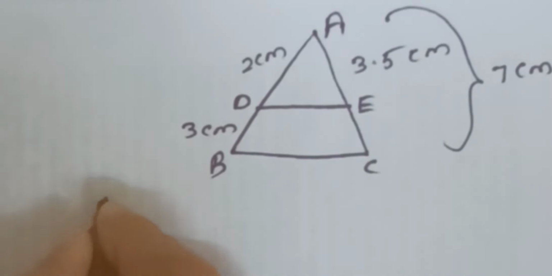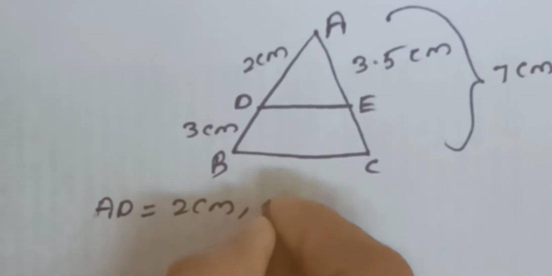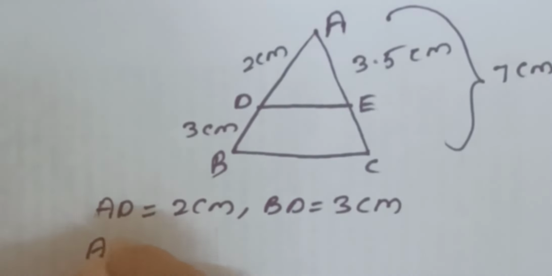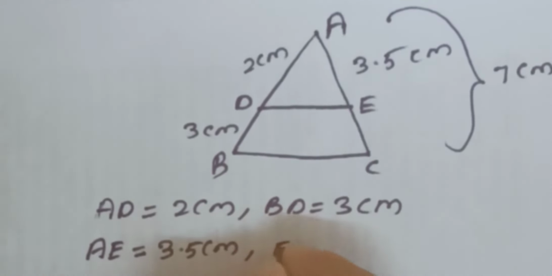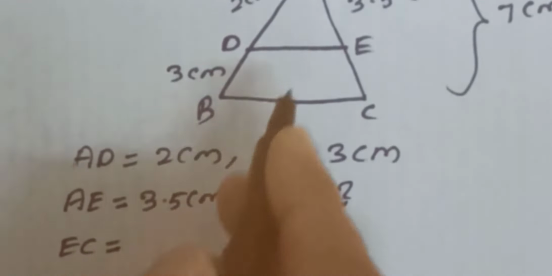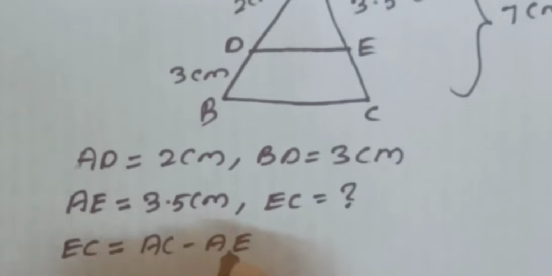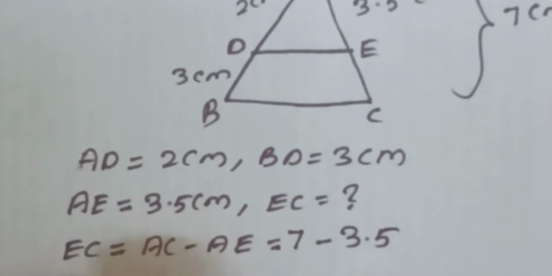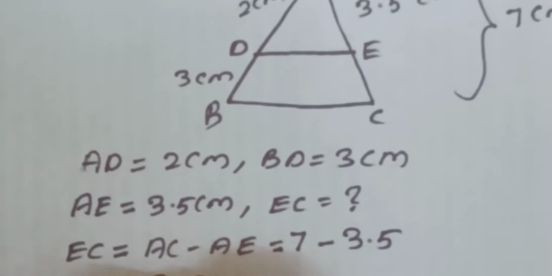Now see here, AD is 2 cm and BD is 3 cm. Now here we have AE is equal to 3.5 cm. What is EC? EC, we don't know that. EC is equal to AC minus AE. What is AC here? AC is 7 and AE is 3.5. So EC is equal to 7 minus 3.5 is 3.5 centimeter.